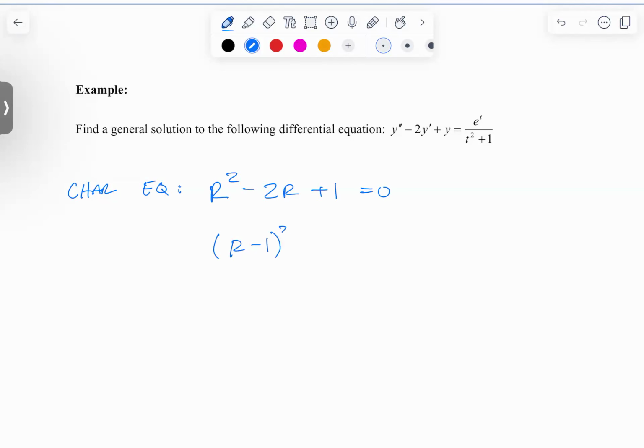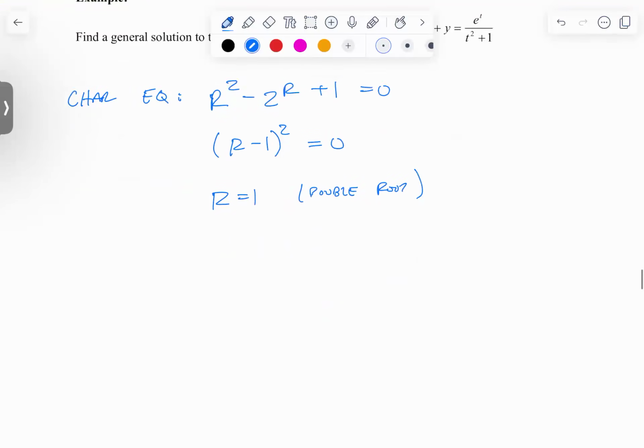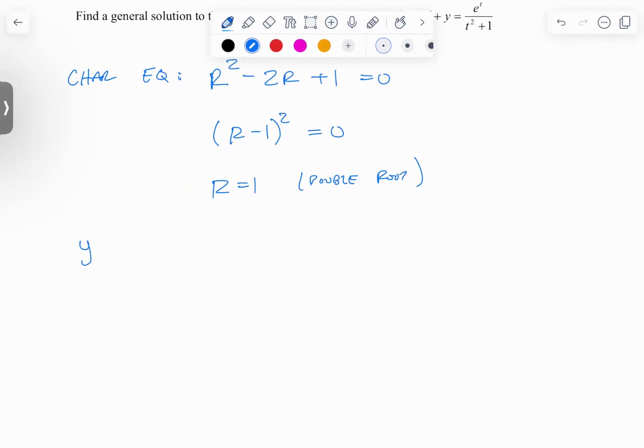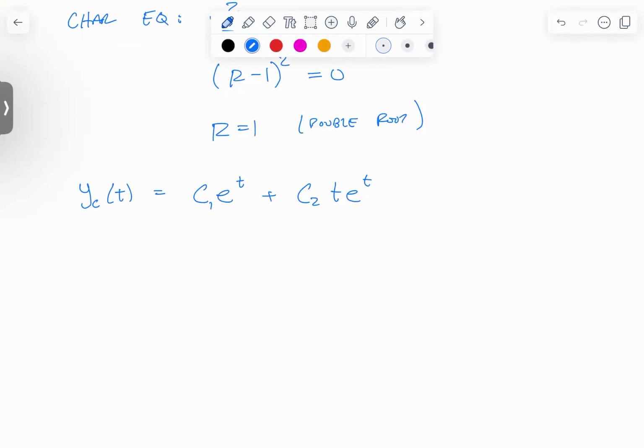This guy is r minus 1 squared, and so this is a double root, which gives the complementary solutions. For the double root, you get one function, and then the function multiplied by t.